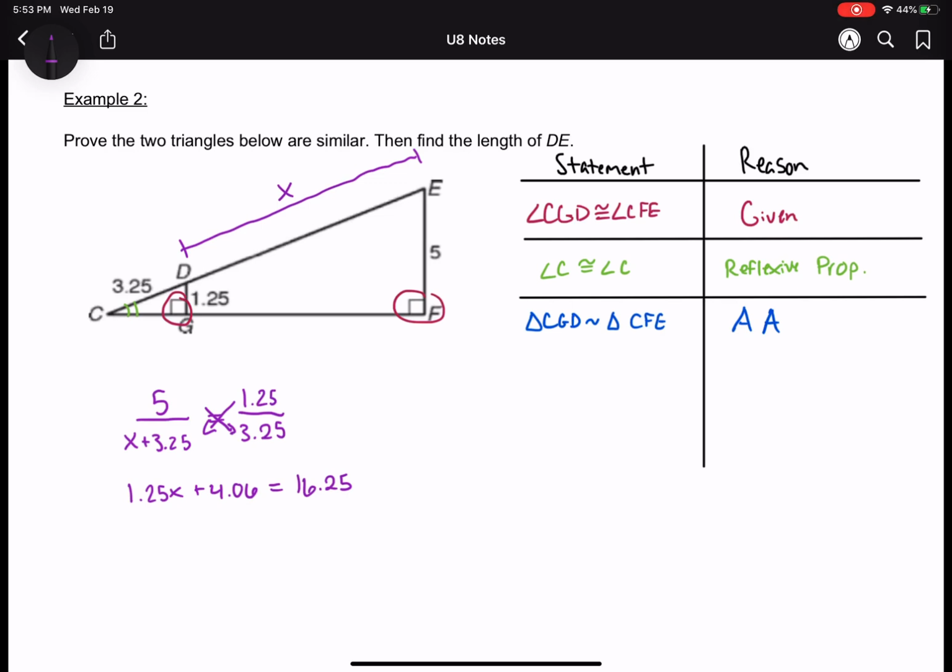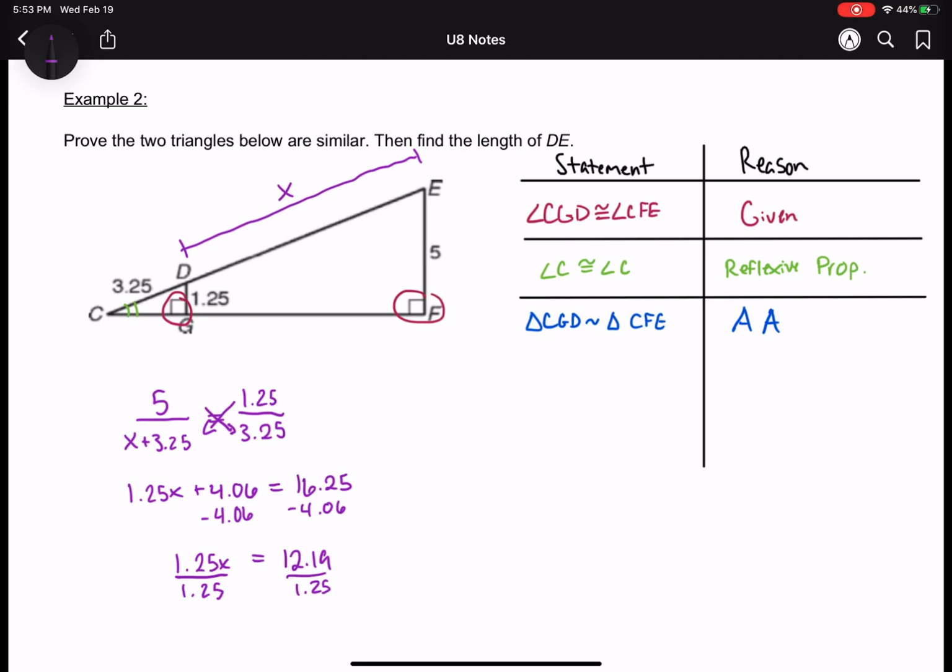Alright, so now I need to get X by itself, and the thing that I want to move first is the piece that's easiest to move, which in this case is the 4.06. I'm going to subtract 4.06 from both sides, and that gives me that 1.25X is equal to 12.19. Okay, I still need to get X by itself, so I'm going to divide out 1.25 on both sides.